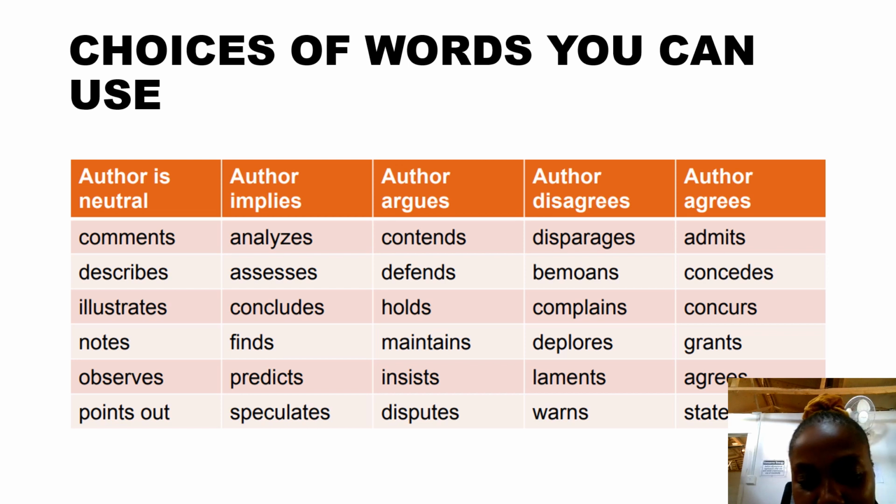Then if you want to be argumentative, you can say: Smith contends that, Smith defends that, Smith maintains that, Smith insists that, Smith disputes that. Or when the authors are disagreeing, you can say disparage, bemoan, complain, lament, warn. So you are the one to know what you want to write. You can look at this table and it will guide you.